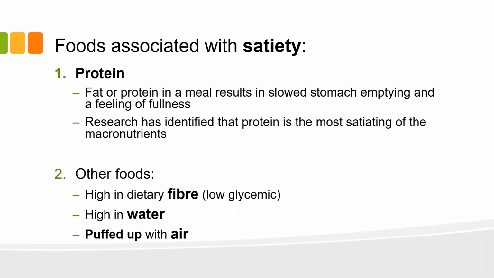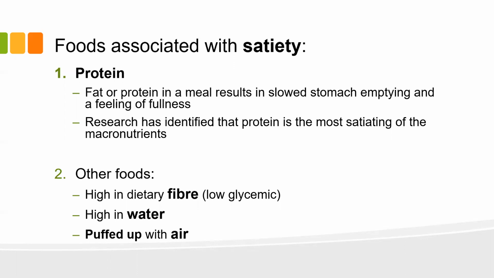Other foods that contribute to that satisfaction feel are things that may linger or add volume to the stomach, right? So fiber is one that is going to do that. It's not usually digestible, and it's absorbing liquids from your intestines, and so it's adding volume to what is going on in there.